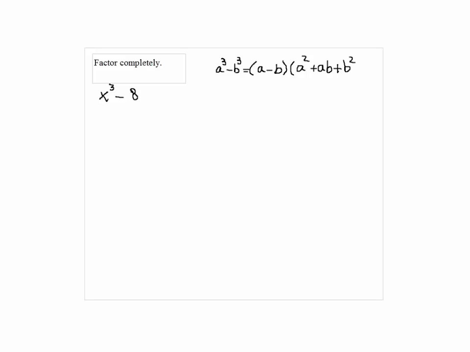Factor completely: x to the power of 3 minus 8.